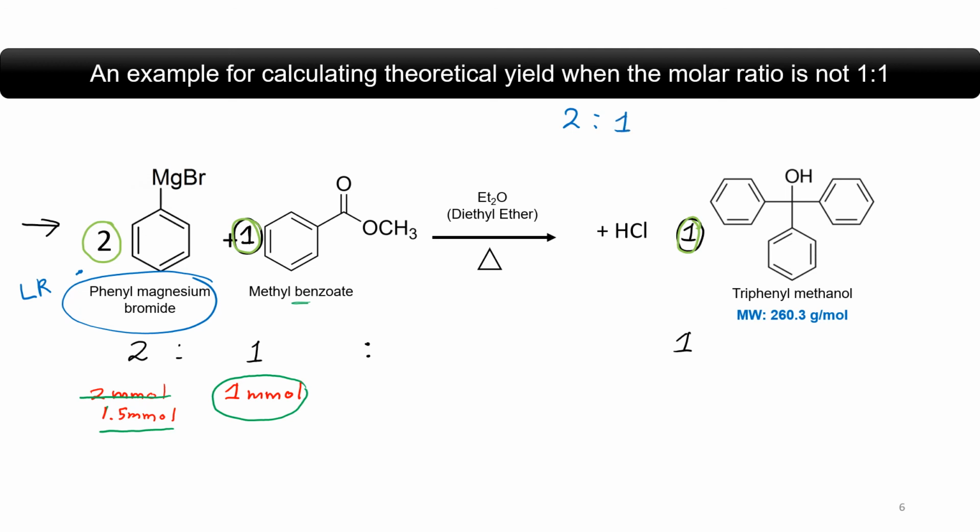So if we had 1.5 millimoles of this, theoretically we should get half that amount for the product molecule, theoretically. Something like that. And then to get the theoretical yield, you will multiply that number by the molecular weight of this product.